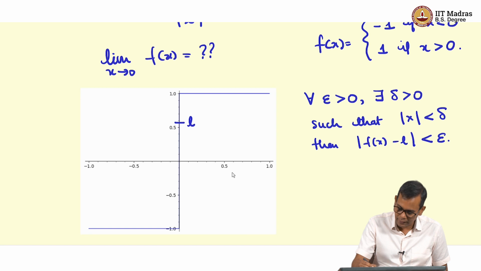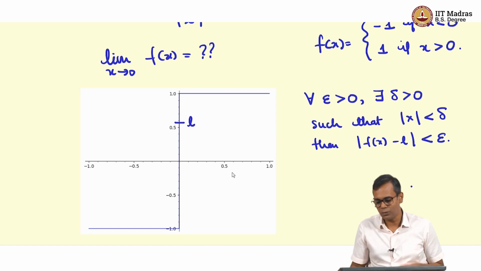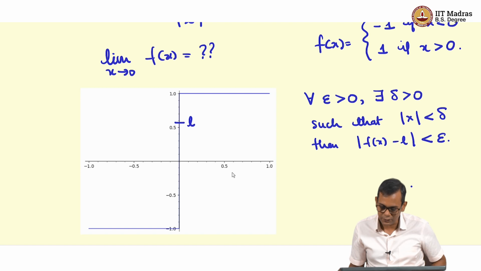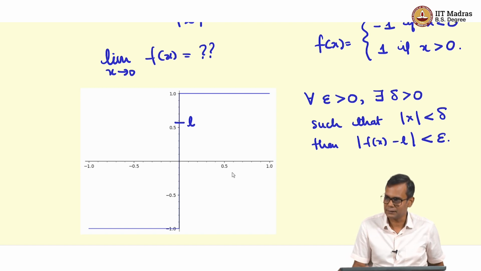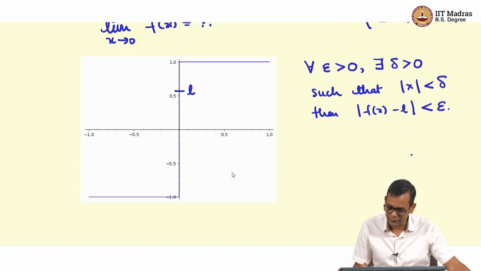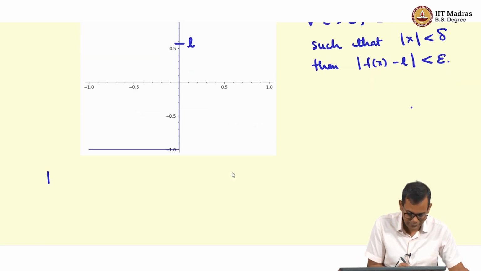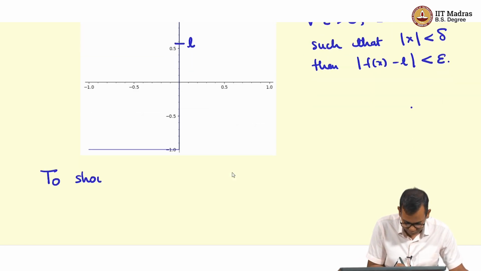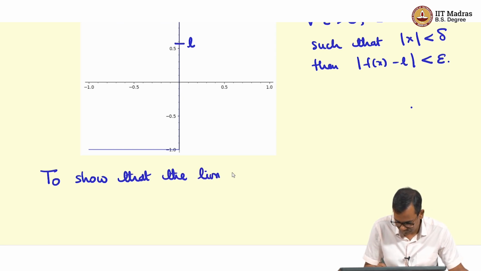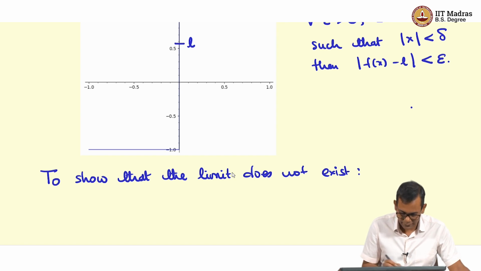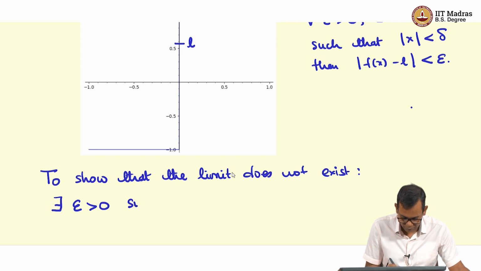So, as we have discussed before while talking about the limits of sequences, how do you negate this statement? It is enough to find one example to show that the limit does not exist. It suffices to find one example of epsilon positive for which no delta works.